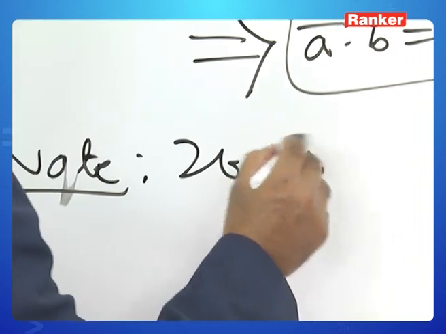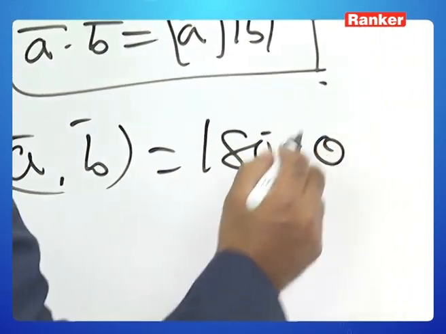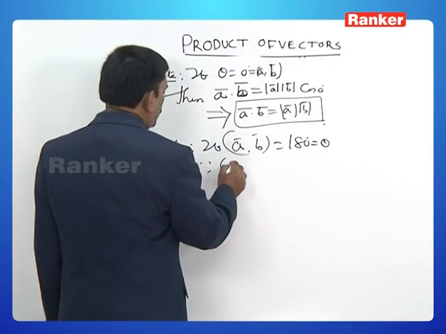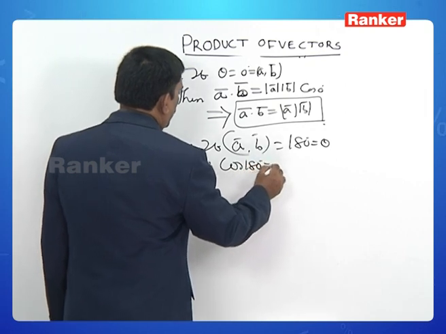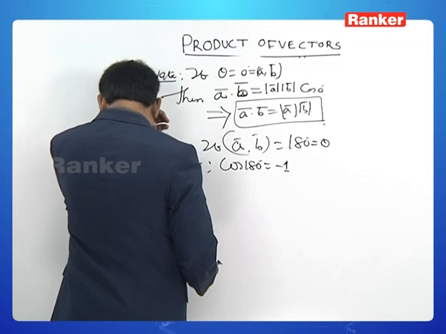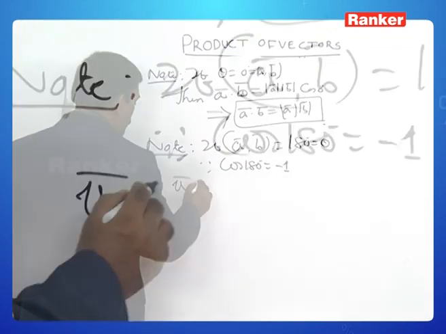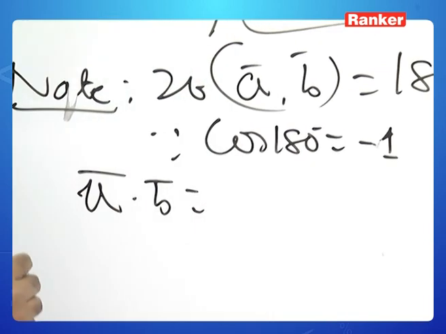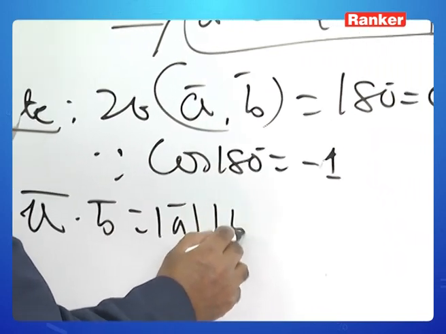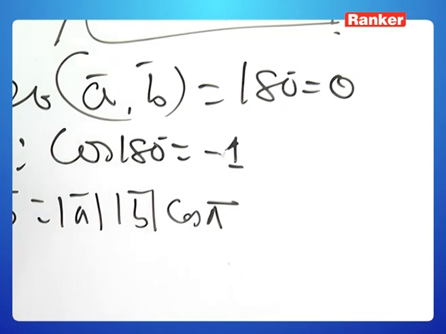Now, next note: if the angle between a bar and b bar is theta equal to 180 degrees, since cos 180 is equal to minus 1, then a bar dot b bar is equal to mod a mod b into cos pi or cos 180.